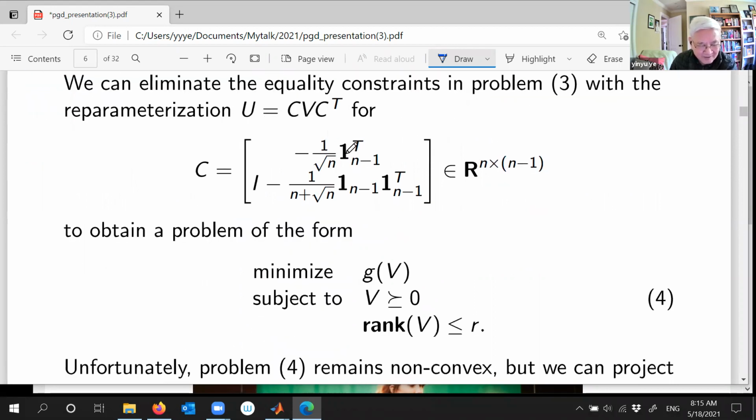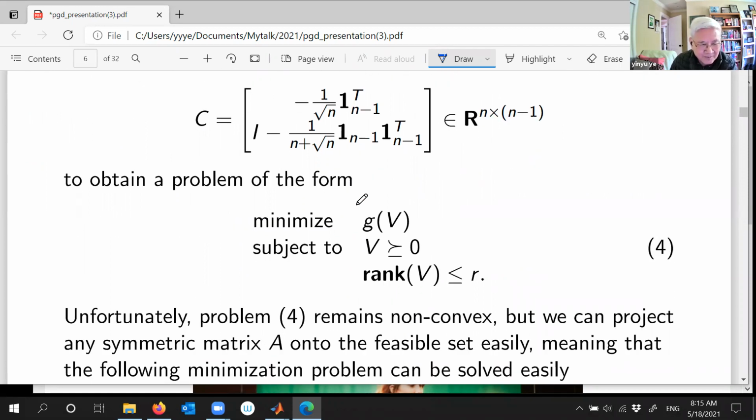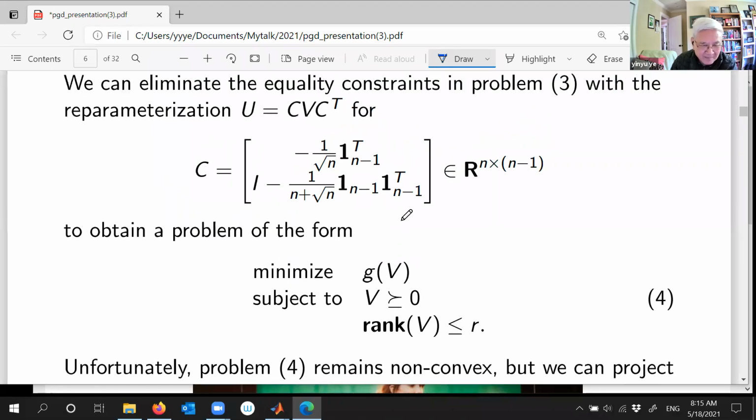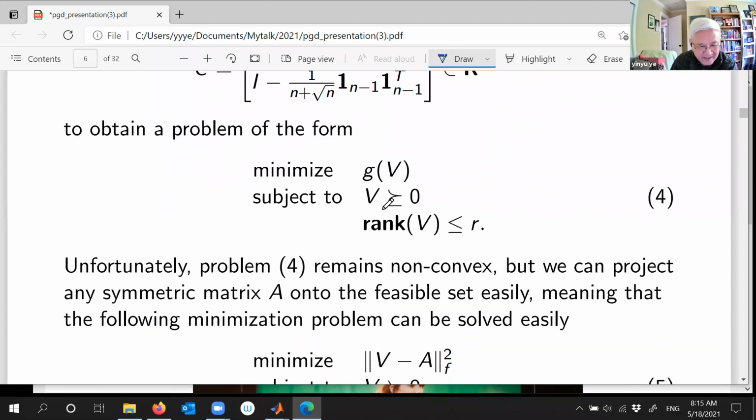You can do this projection, because I'm talking about the anchor-free case, where the mean has to be at 0. Then you can easily rewrite these problems into another objective function after coordinate translation. Then you just need a matrix V that has to be positive semi-definite, with rank less than or equal to R.